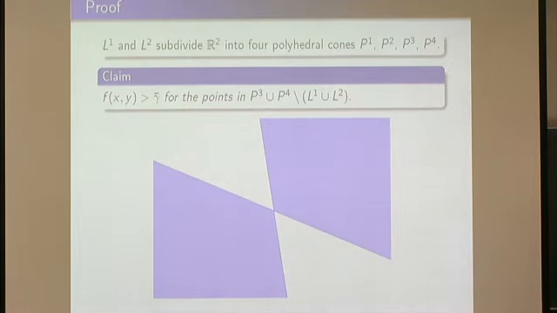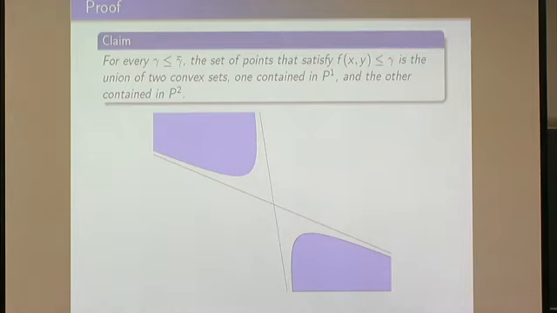So, now we have a nice property, in fact, two nice properties, which are also symmetric on P1, P2, and P3 and P4. Because if we now take any value gamma less or equal to gamma bar, then all the points that satisfy that their function value is less or equal to gamma, less or equal to gamma bar, this is the union of two convex sets.